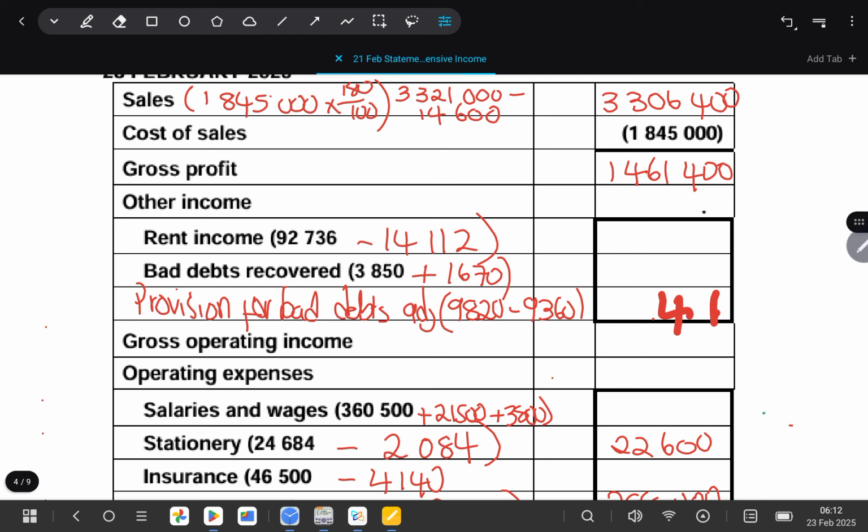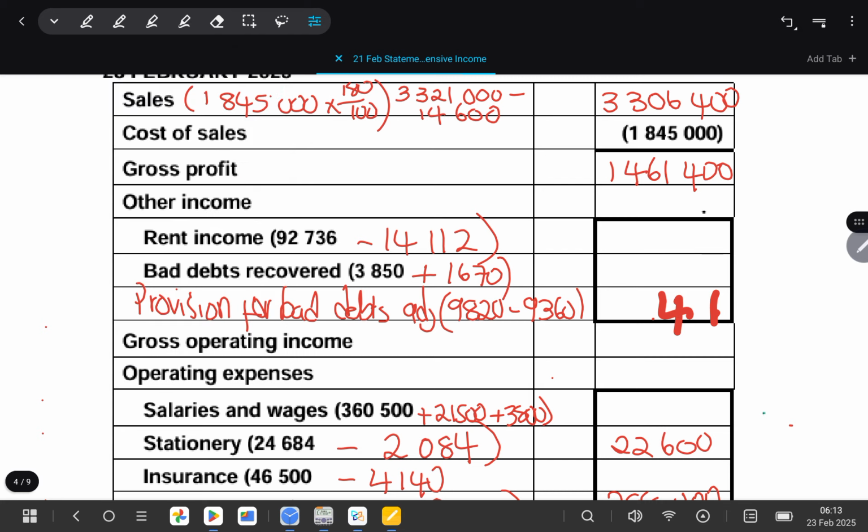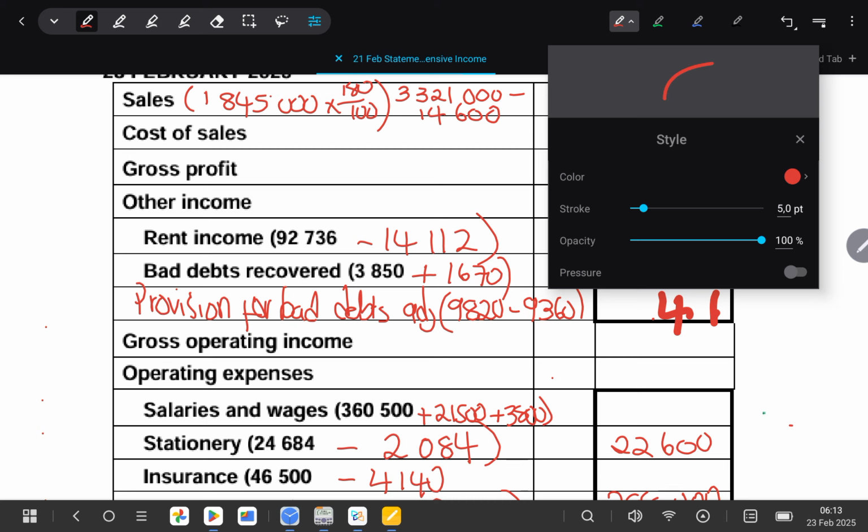Okay, I'm going to need to let me see if I can. I need to reduce the size because it's very big.